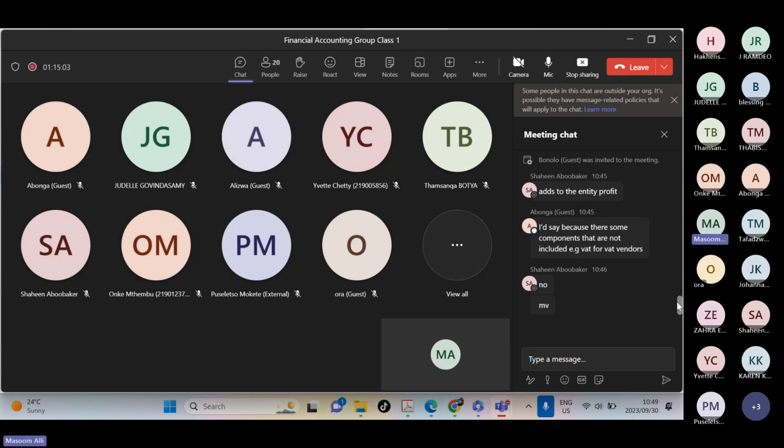What would the journal entry be? Let's say I got stock for 10,000 Rand for free. What's my journal entry? No one wants to guess.